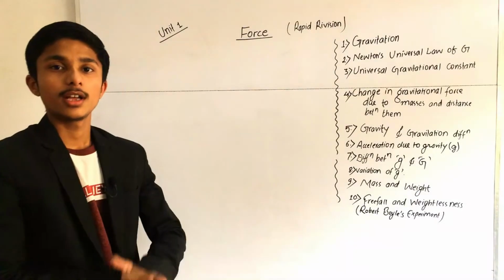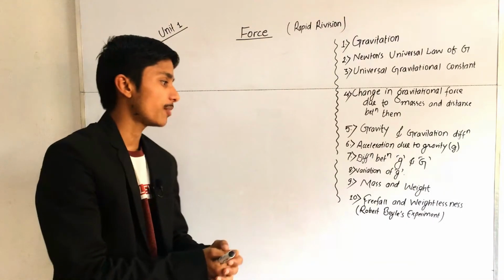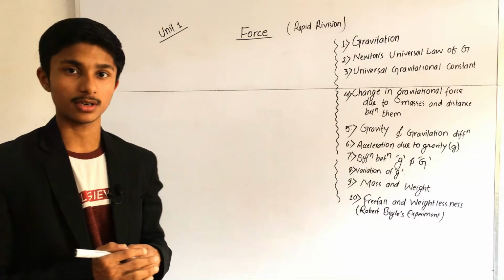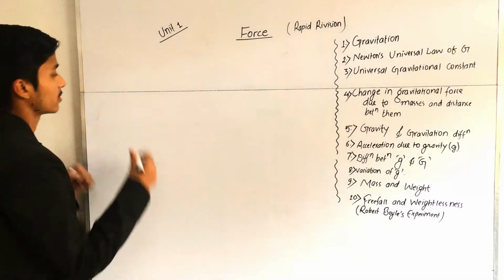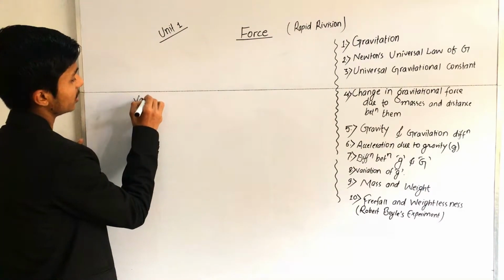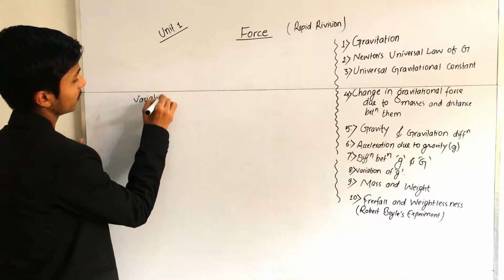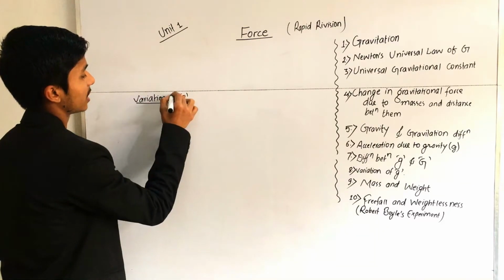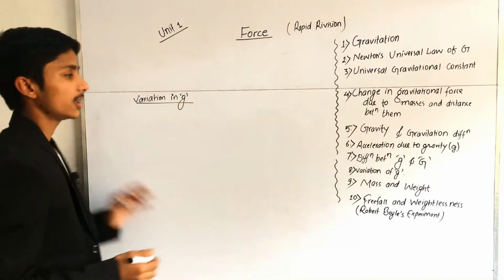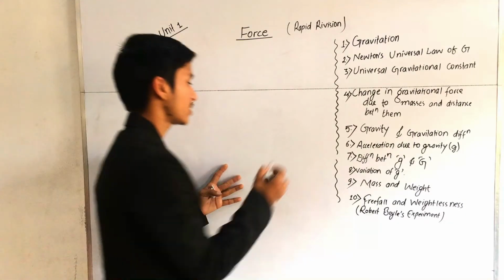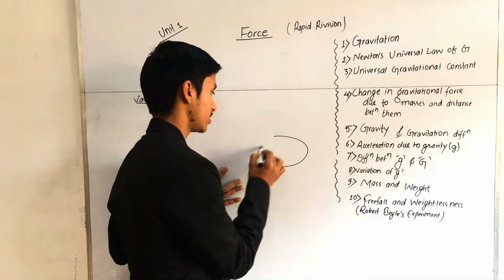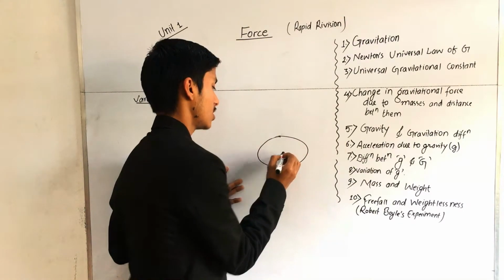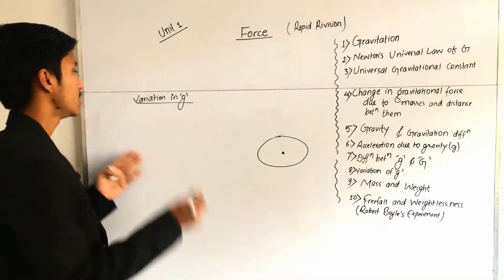Now we discuss our next topic, that is variation in g. What will be the change in acceleration due to gravity and where? Since the structure of the earth is like an orange shape, on the earth surface the value of g gets changed.